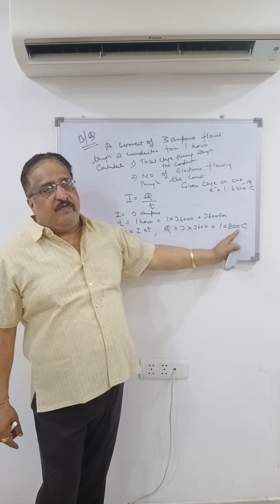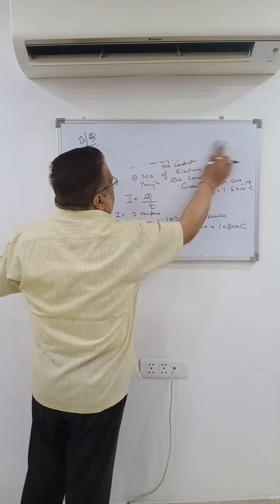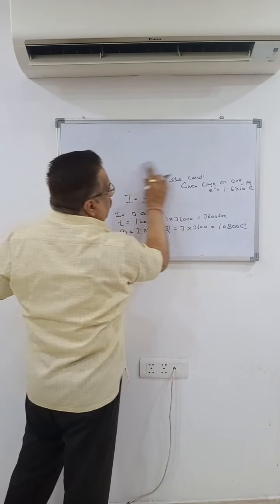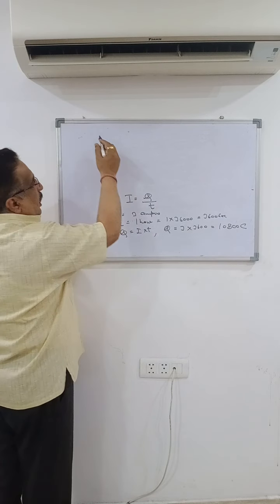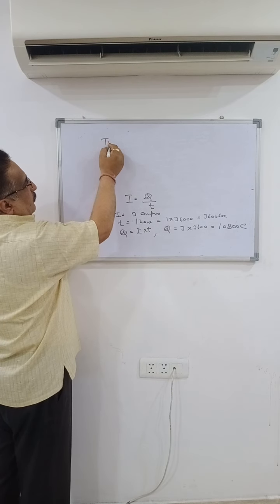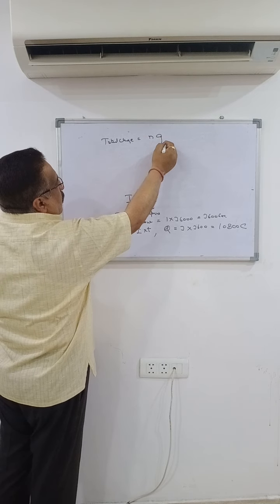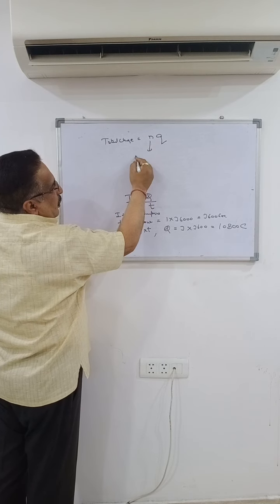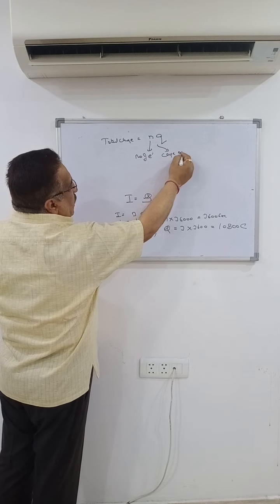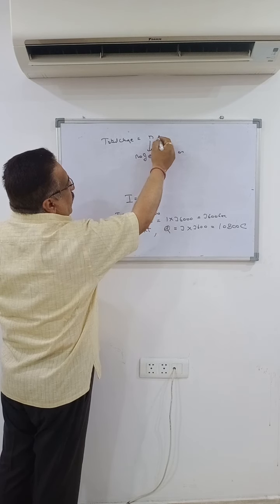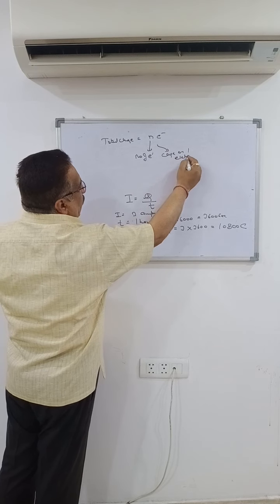Now you should remember one formula. This is the total charge flowing. Now total charge is equal to N into Q, where N is the number of electrons and Q is the charge on one electron, or you can write N into E. E is the charge on 1 electron.